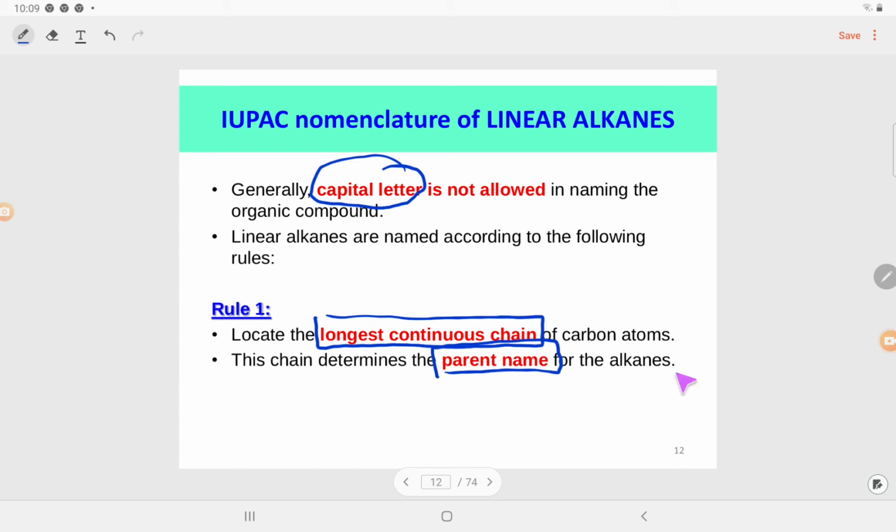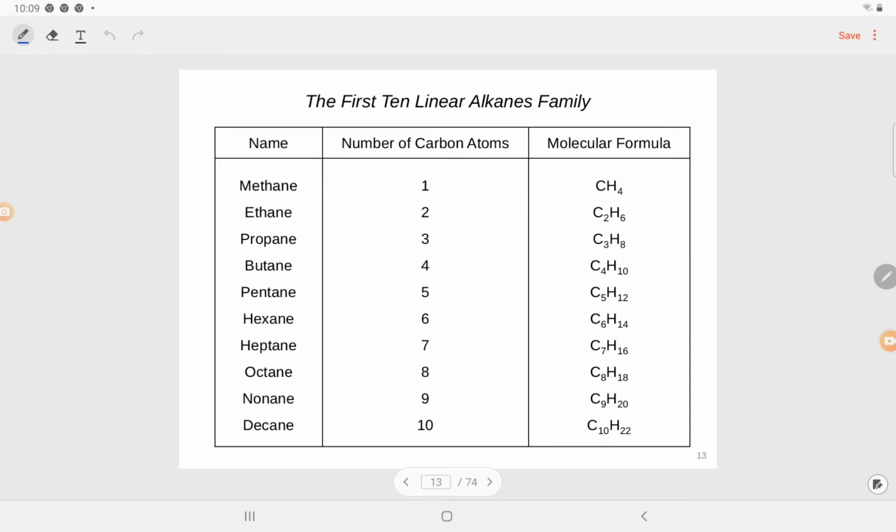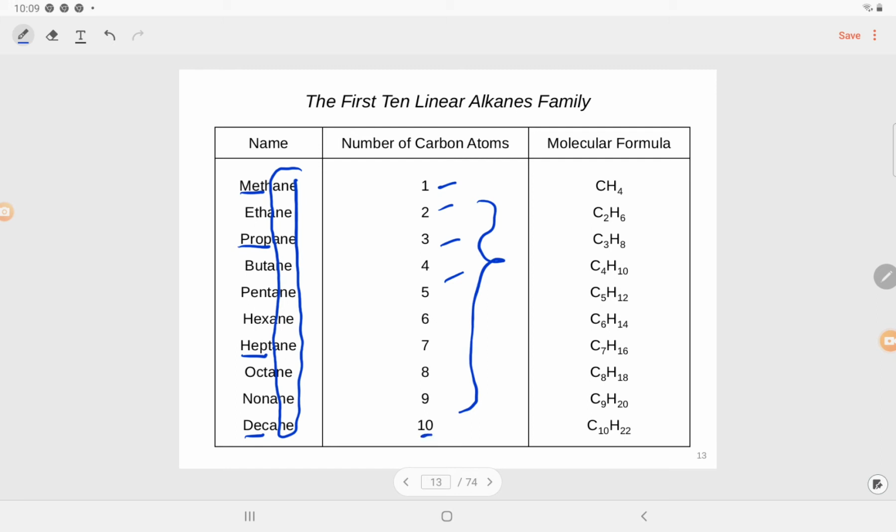This parent must be in the form of the alkane homologous series, with no functional group. The name must end with -ane, and depending on the number of carbon atoms, 1 carbon is meth, 3 carbons prop, 7 carbons hept, and finally 10 is dec. So your syllabus nomenclature for the parent chain covers only 1 until 10 carbon atoms.